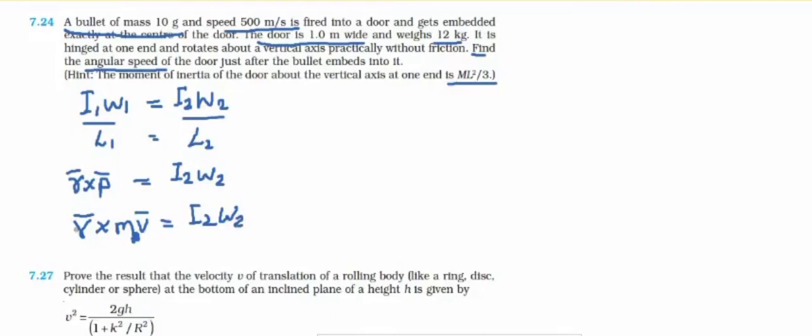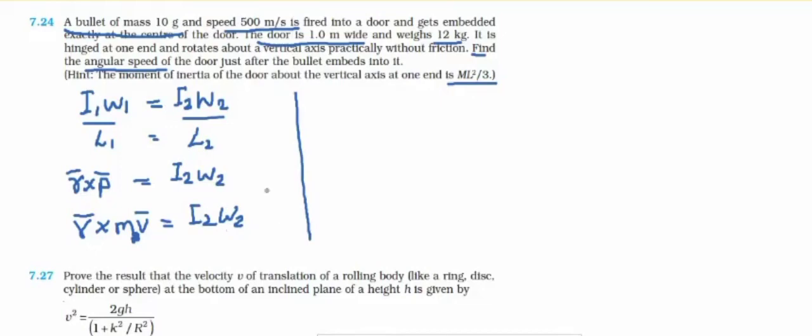The bullet is embedded exactly at the middle, so R we need to take as 0.5. I2 is given by ml square by 3. Here L we have to take as 1 because the entire door rotates with respect to the hinges.